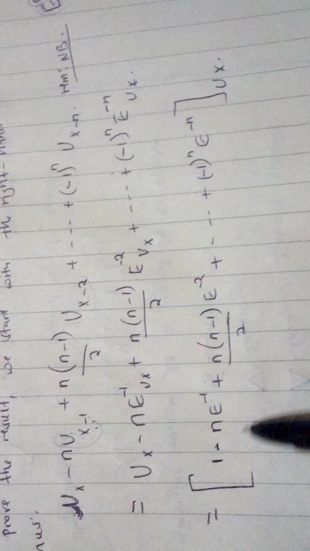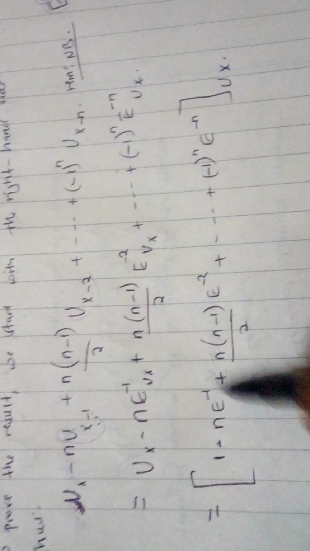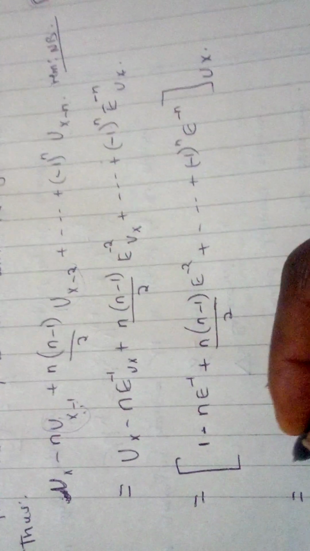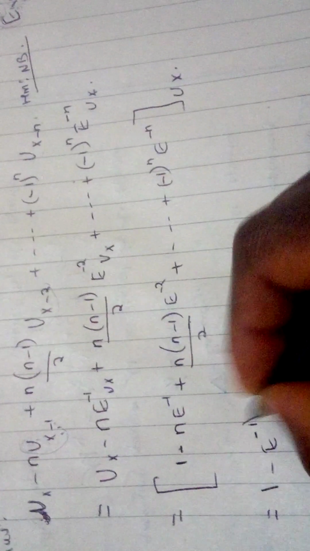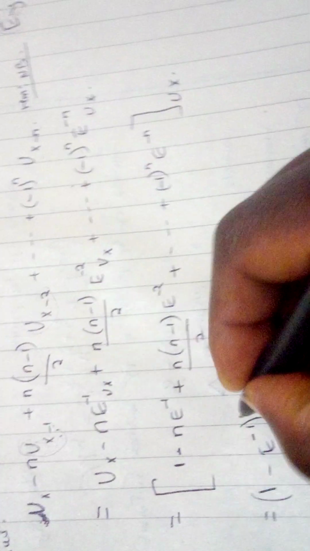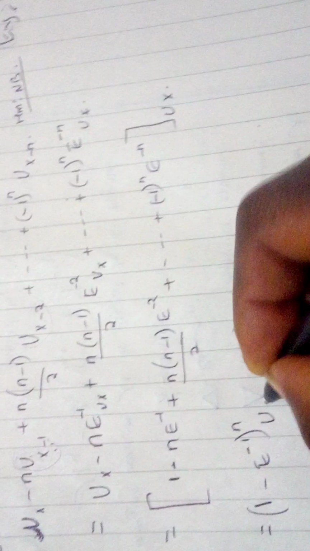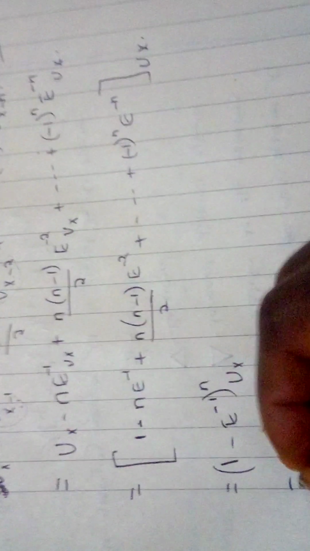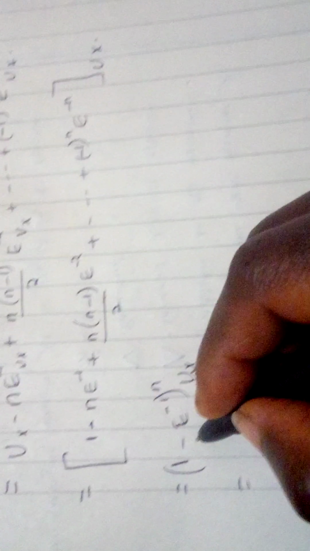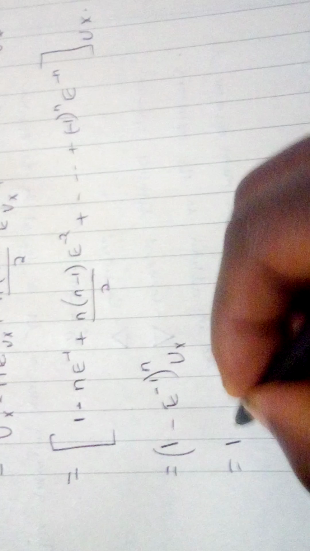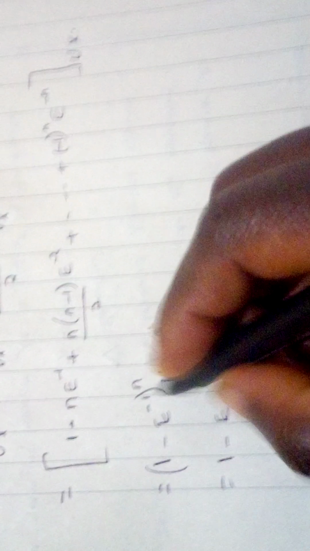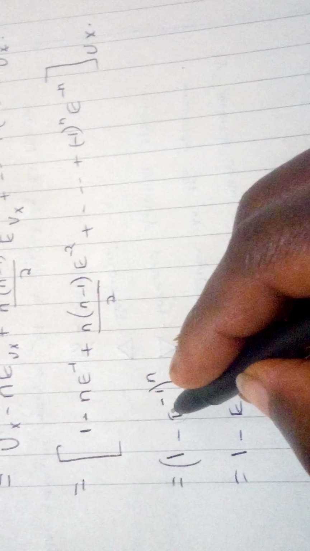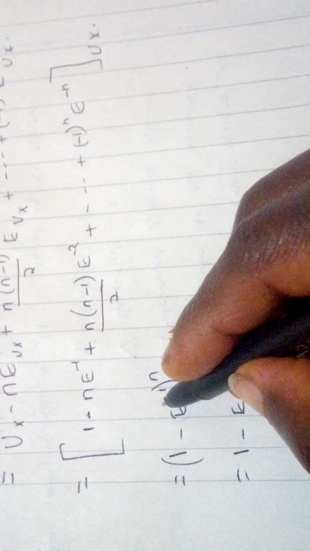When you work out all of this, you are going to have 1 minus E to power negative 1, to power n, with the functional value u(x).